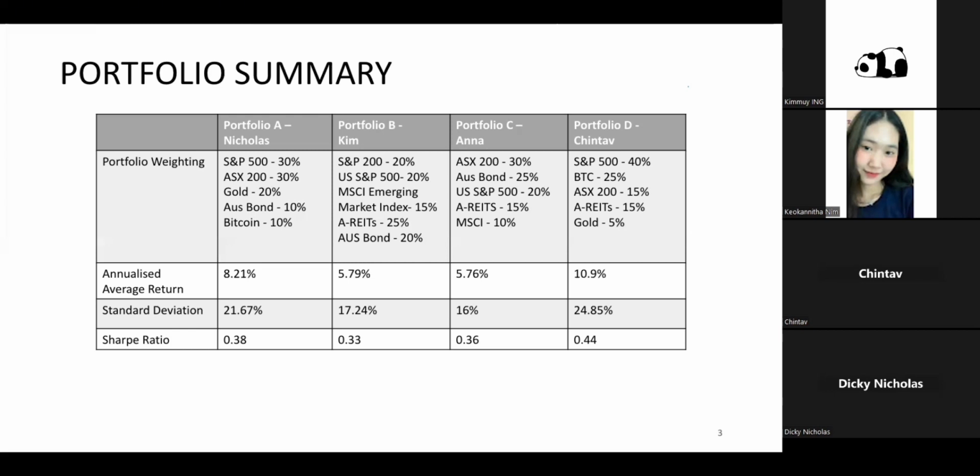Okay, good. I was wondering why in portfolio A, his diversification can help mitigate risk associated with any single asset class. But I also wanted to point out that there is no allocation to the real estate assets because I believe it's continuing to evolve. Its future growth prospects remain promising.